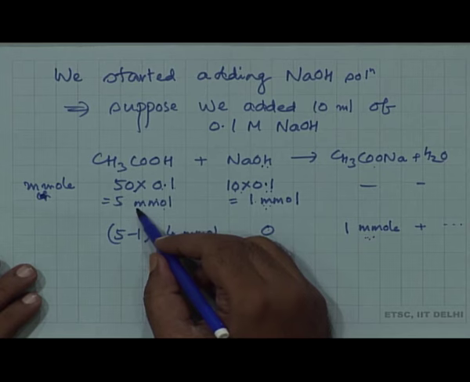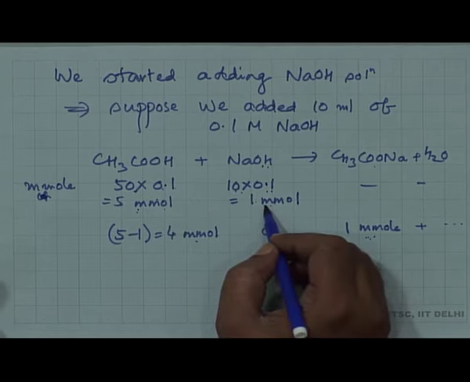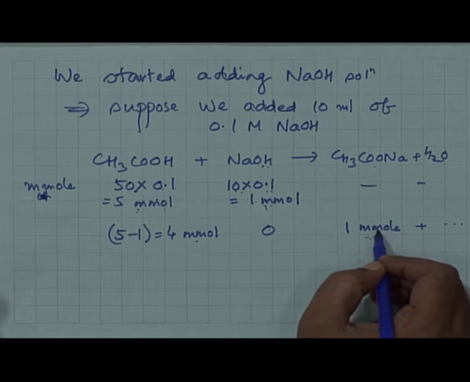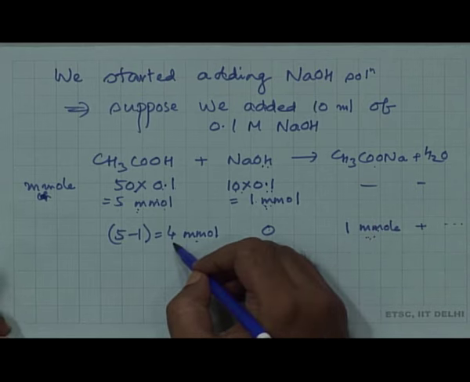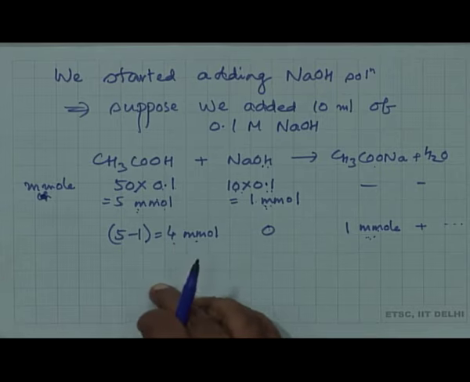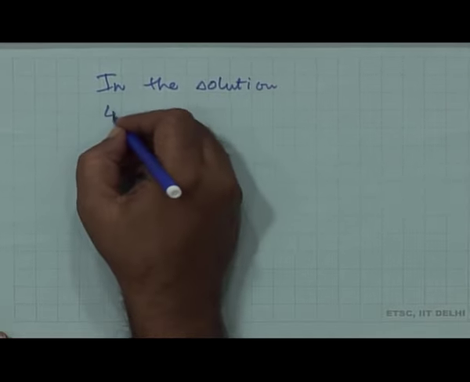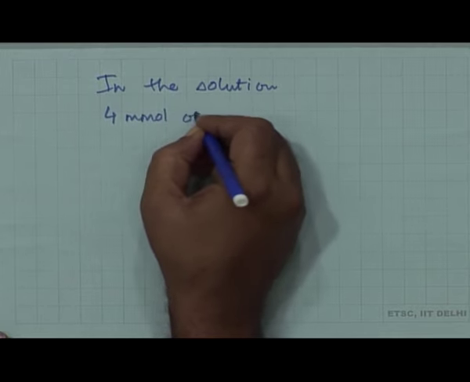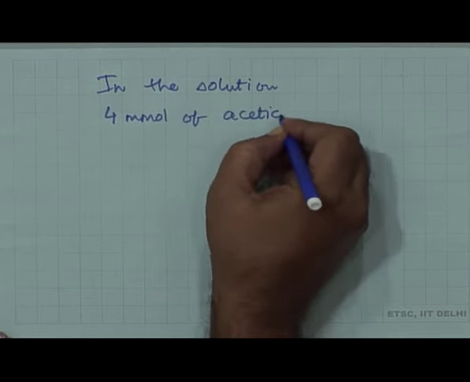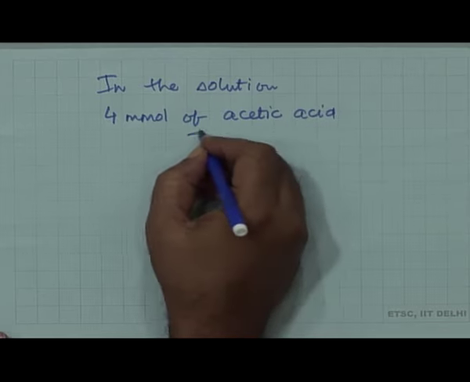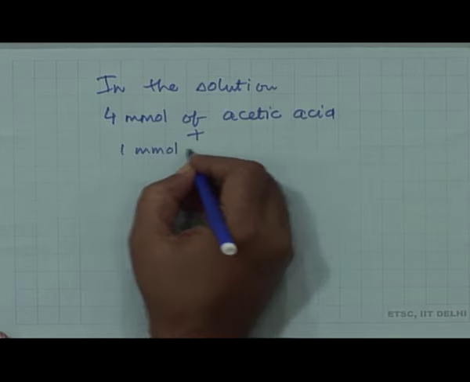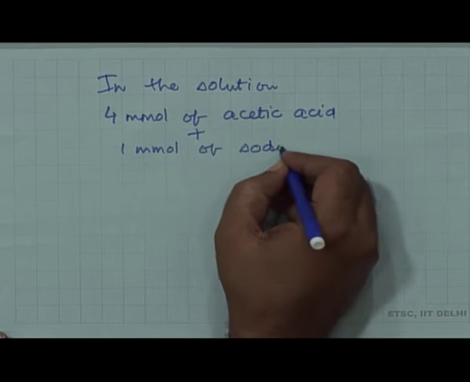So, 1 millimole of acetic acid will react with 1 millimole of NaOH to give 1 millimole of sodium acetate, and what is left is 4 millimole of acetic acid. So, now in the solution we have 4 millimole of acetic acid and 1 millimole of sodium acetate.